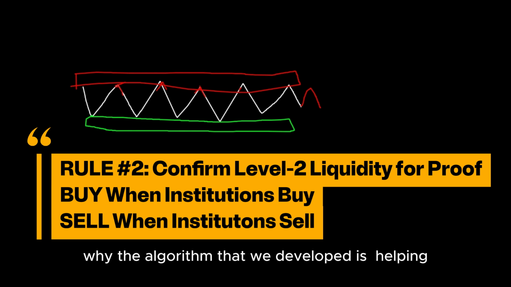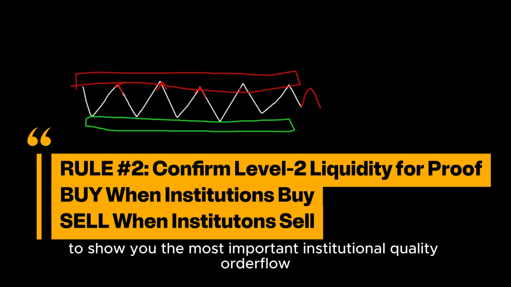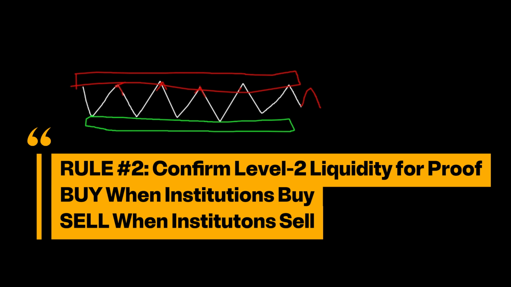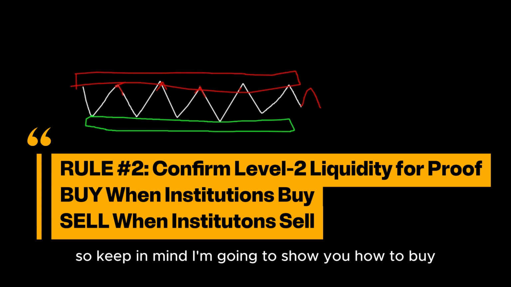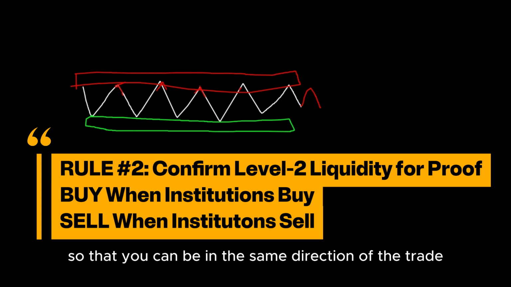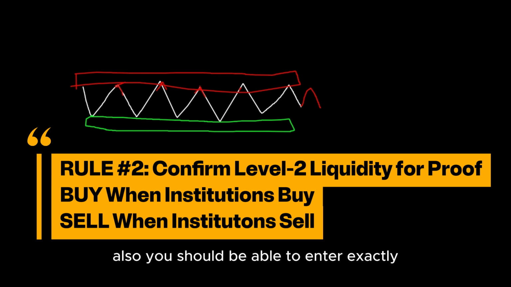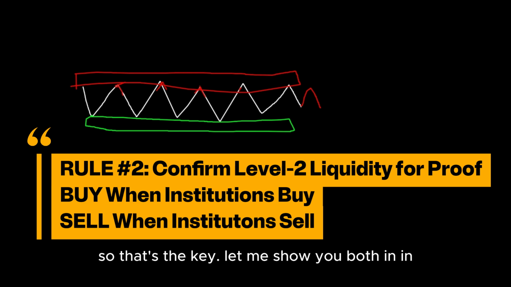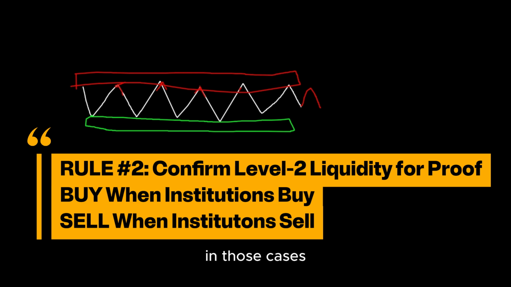The algorithm that we developed shows you the most important institutional quality order flow. So keep in mind, I'm going to show you how to buy when the institutions are buying, so that you can be in the same direction of the trade. Also, you should be able to enter exactly or near where they are buying. That's the key. Let me show you both in those cases.